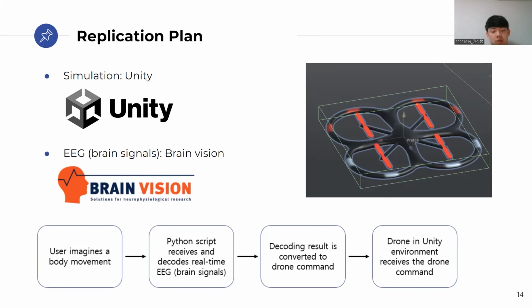The script will decode the signal to figure out what the user intends to do. Once the decoding process is finished, and we have information about what the user is thinking, we're going to convert the classification of the user EEG into a command suitable for drone movement. And this command will be handed over to a simulation program made using Unity to execute the drone movement within the Unity environment according to the received command.